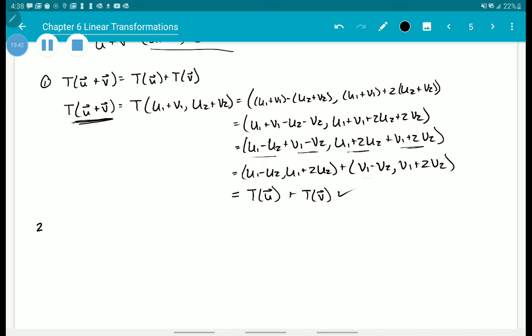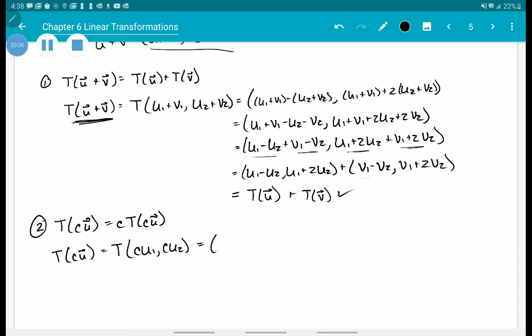So now let's look at that second axiom. This is what we're trying to prove. If we were to look at T of cu, that would be the transformation of cu1, cu2. And our rule says that it's first component minus second component, and then first component plus 2 times second.